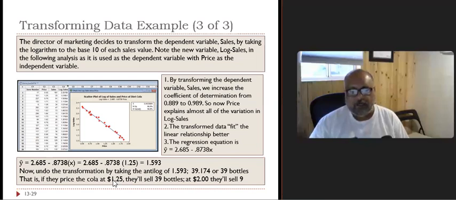What if they increase the price of the bottle to $2? That's the max price allowed. Then we only sell 9 according to this equation. So it's a really good way to improve the quality and reliability of our predictions by transforming data.